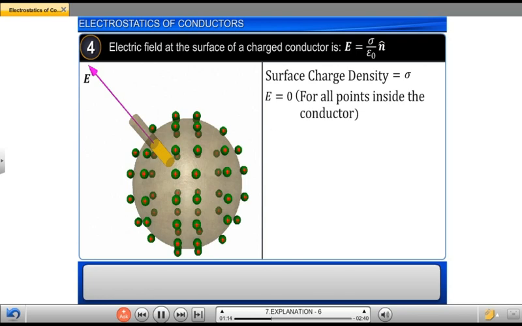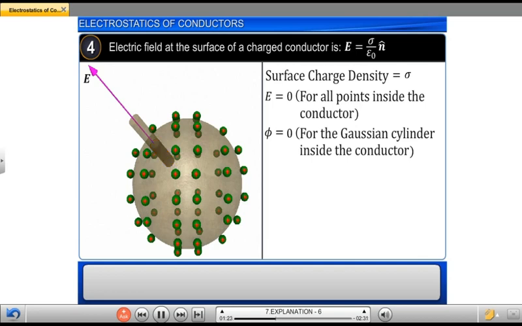And hence, the electric flux through the Gaussian cylindrical part inside the conductor is 0. However, there is electric flux through the flat face of the Gaussian cylinder just outside the conductor, as the electric field strength E is perpendicular to the flat face.